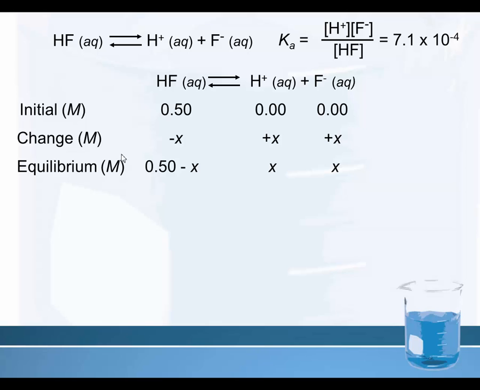We can substitute in. You might not want to write this down yet. We can substitute in Ka is equal to x squared over 0.5 minus x equals 7.1 times 10 to the negative fourth, right? But I said we're going to make an assumption. Because the value of the Ka is times 10 to the negative fourth, we can assume that x is not going to have any effect on that 0.5.